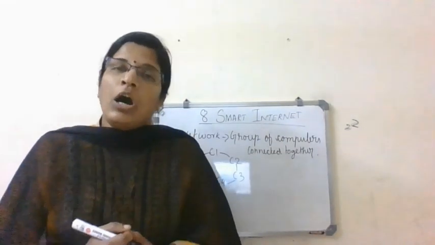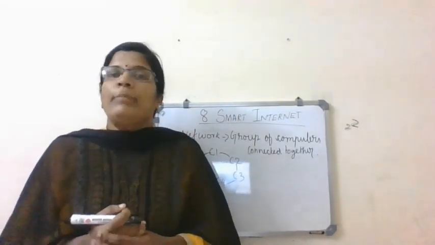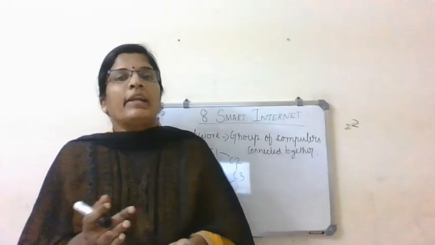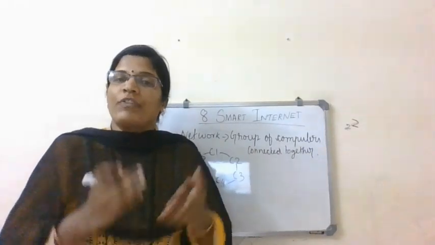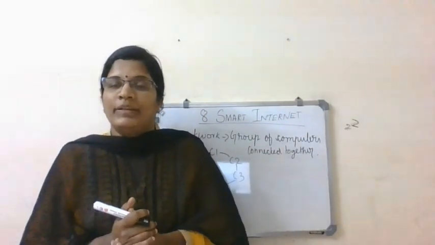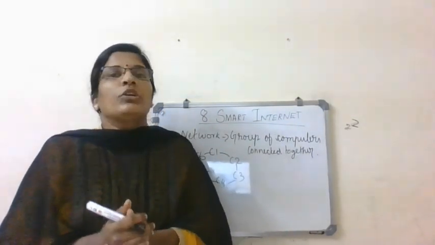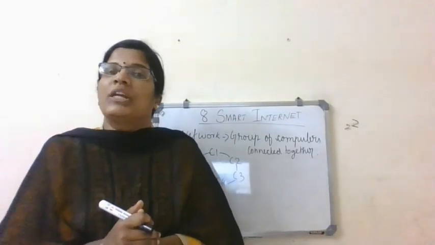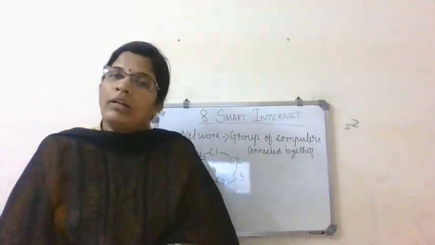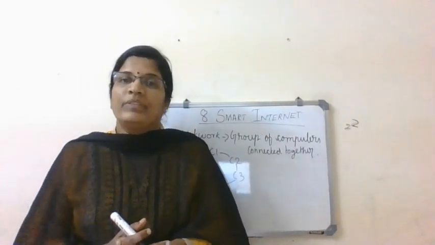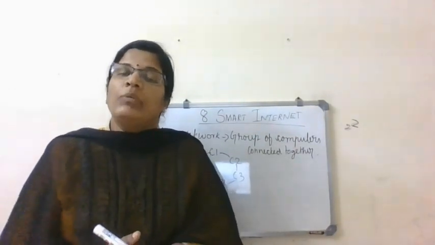In your house, how many computers do you have? Maybe one computer, rarely two computers, one computer and a laptop. Do you have any connection from that computer to the laptop? No, right? So if you want to transfer information from the computer to the laptop, or laptop to the mobile, or again to the computer, how do you do it?